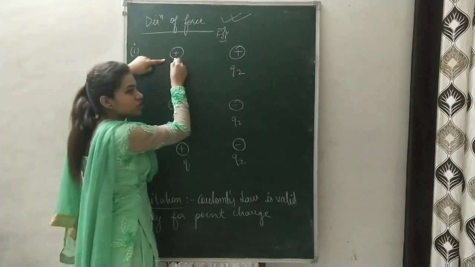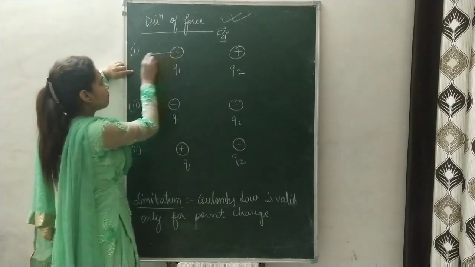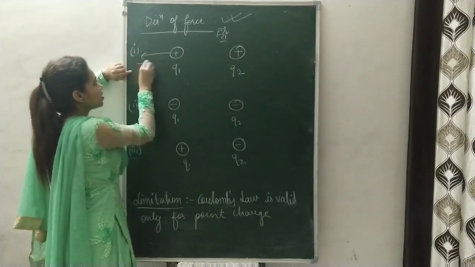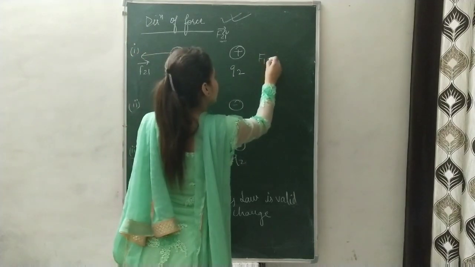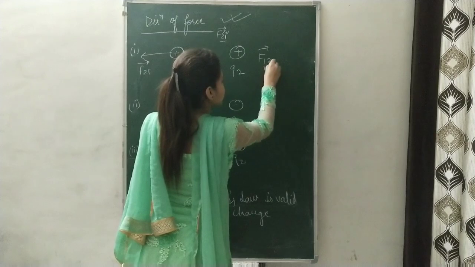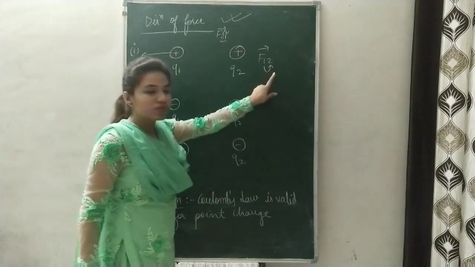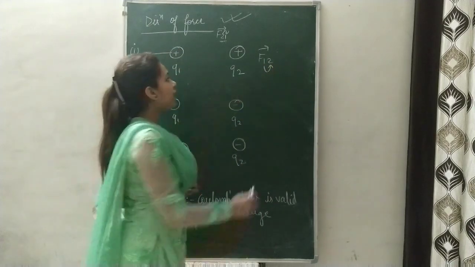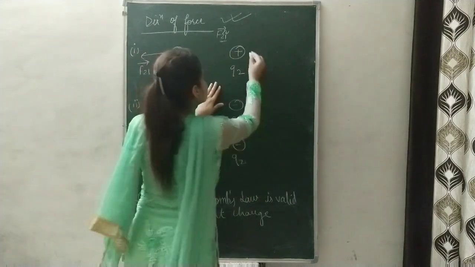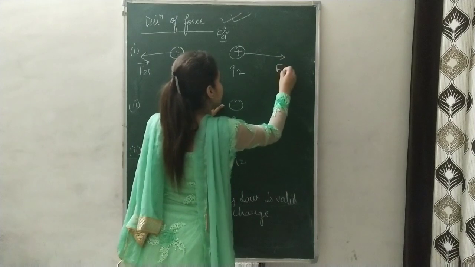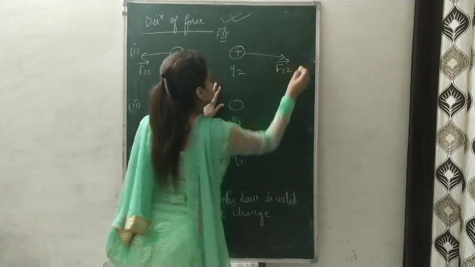This is positive, this is positive, so it is going to repel. F21 is in this direction. Now force on 2 due to 1, that is F12, means charge 1 is going to apply force on charge 2. Again this is positive, it is going to repel it. This is the direction of the F12 vector.